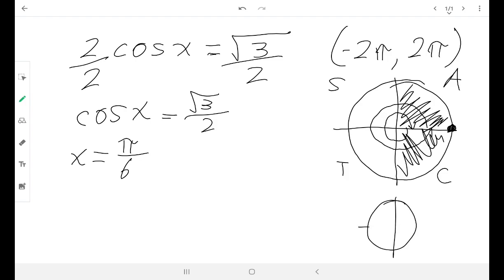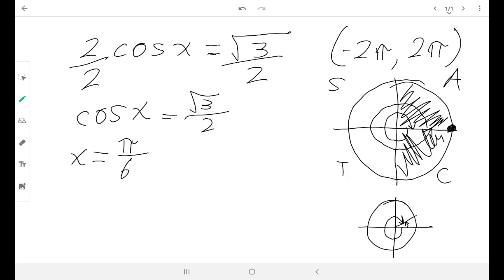Let me draw another small one here. So we know pi over 6, which is about there. So I want the positive angle, which looks like that, and then I want the negative angle, which is going to look like that. And that negative angle is almost all the way back to negative 2 pi, right? Not quite, though. It's a pi over 6 away from that.